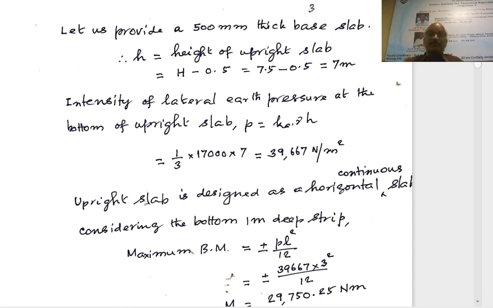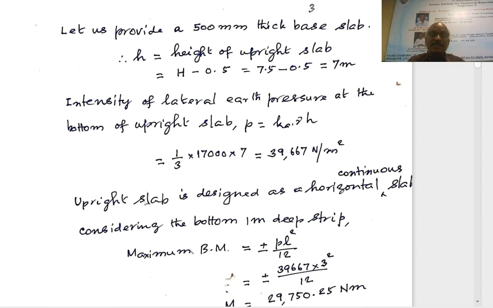We will vary the reinforcements, but we will have uniform thickness. For arriving at the thickness, we have to consider the pressure in the bottom 1 meter height. For the bottom 1 meter, we take the maximum pressure, namely 39,667, as we got here, for the calculations.